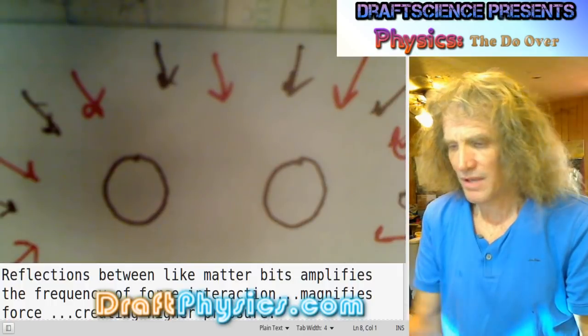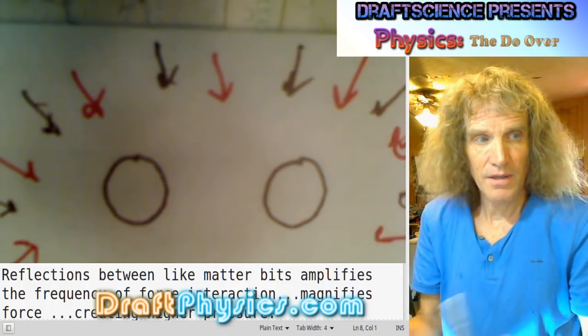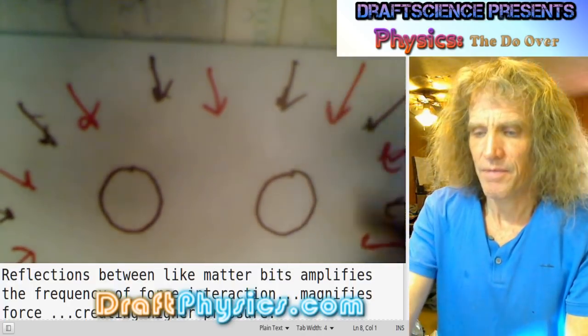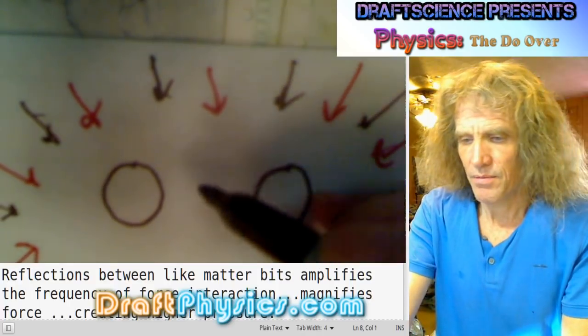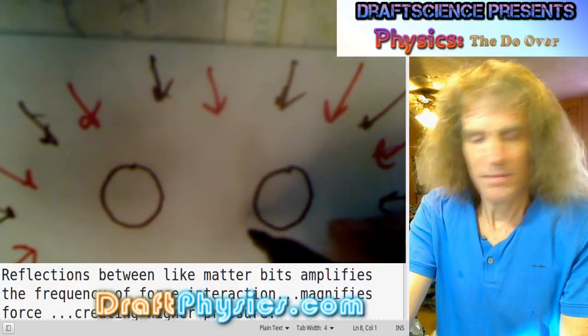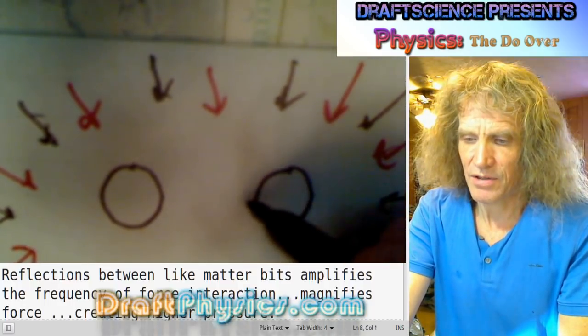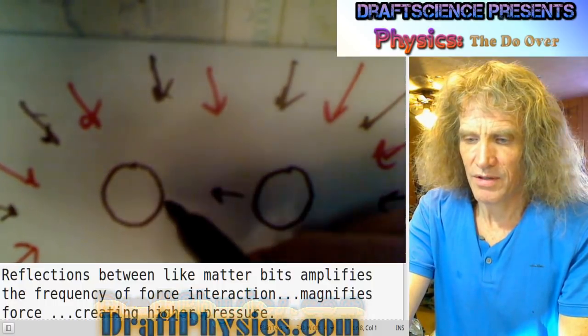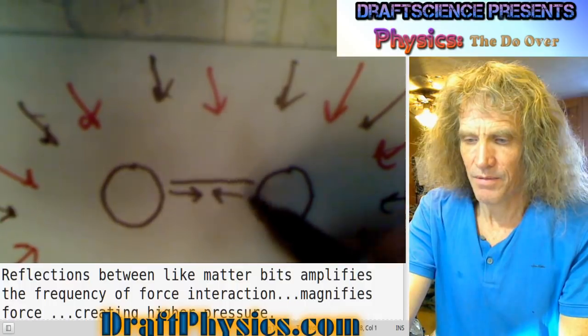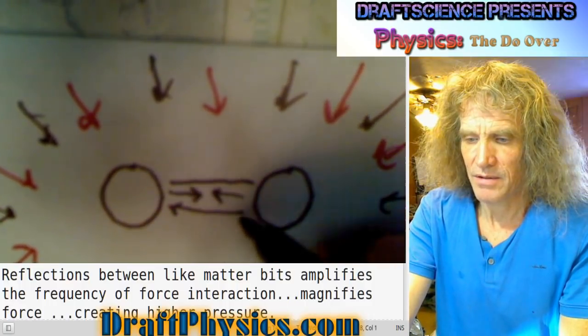So if there were 2 electrons in this field, something different is going to happen based on that reflection rule. And what's going to be different is that any of the energy that was trapped between them, so any of the radiation that was coming out of them towards the other object, will end up just constantly reflecting between the 2 objects.